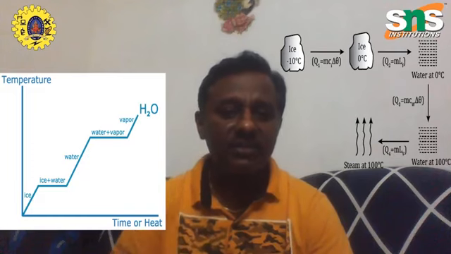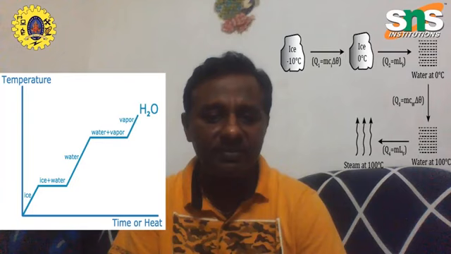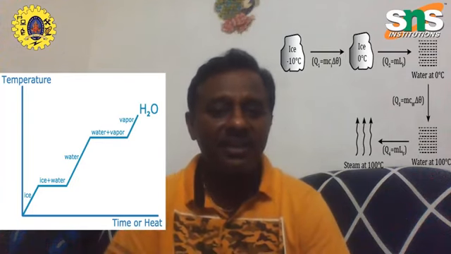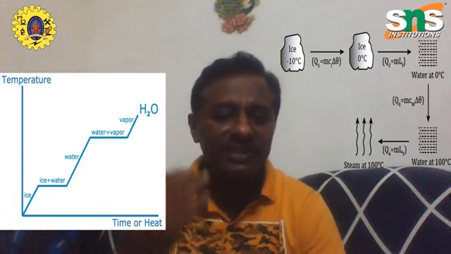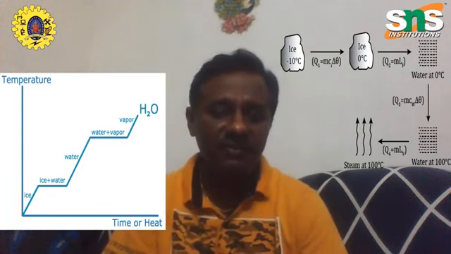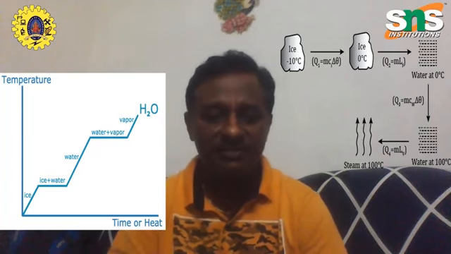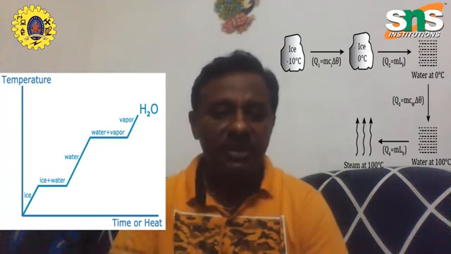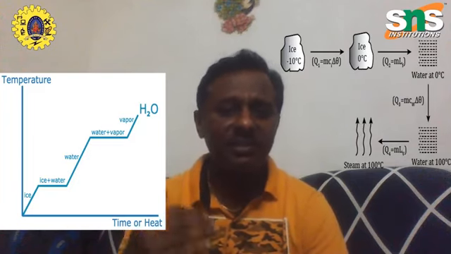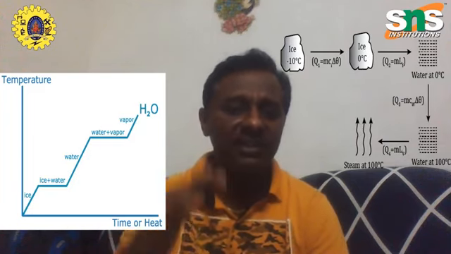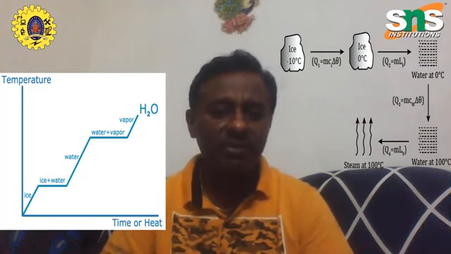And if it goes to 99 degrees Celsius, what happens? Still it is hot water, the same phase of water. Now it reaches 100 degrees Celsius, but at 100 degrees Celsius it is still maintaining the phase of water, having more heat energy.